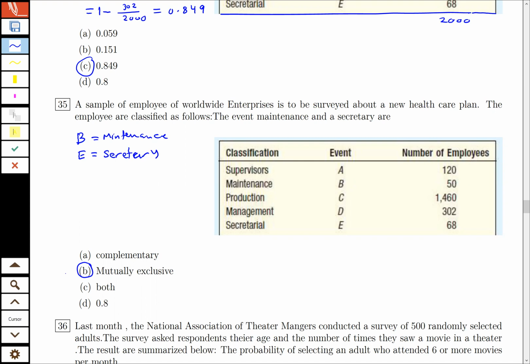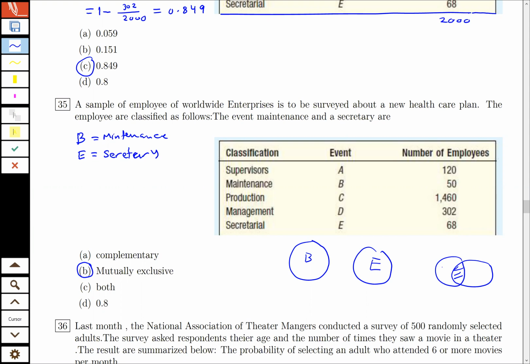Those who are in maintenance will definitely not be a secretary. Secretary has a job, maintenance has another job. So we call it mutually exclusive because this is B and that is E, not related. There is nothing in common. When they are not mutually exclusive, there is something common here.